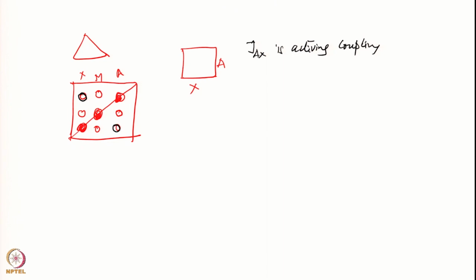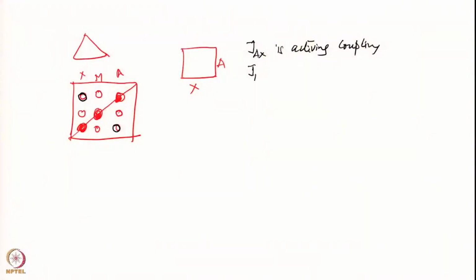And the X is also coupled to M. So the X multiplet will have the A coupling and also the M coupling, and J_MX is the passive coupling. Accordingly one can draw the various structures.